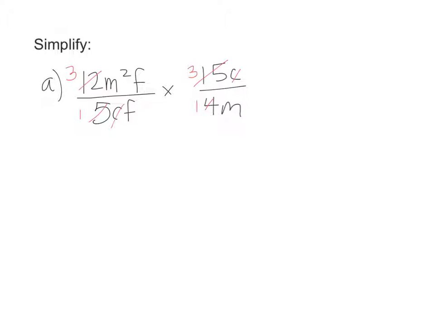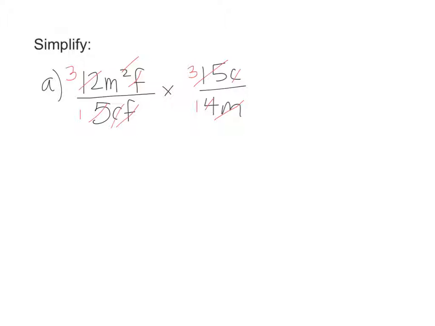They're turning into ones. What else? F, because there's an F in the numerator and an F in the denominator. M, there's an M here, and an M squared in the numerator. What does the M squared turn into? Just an M. Yeah, so I'll just cross off the squared.